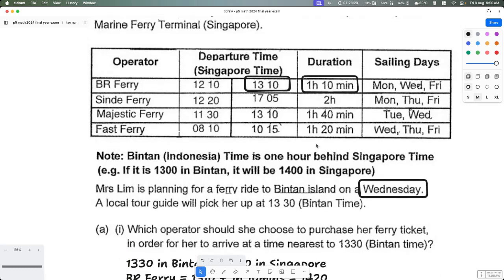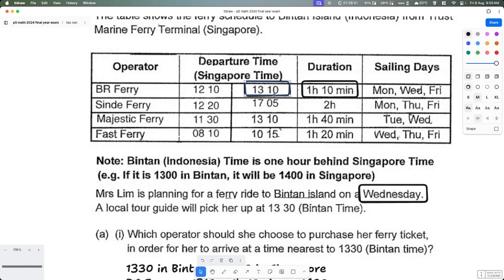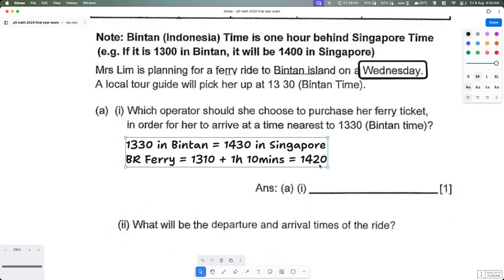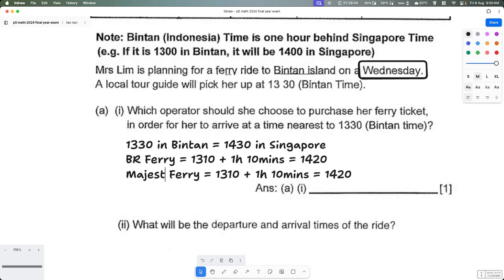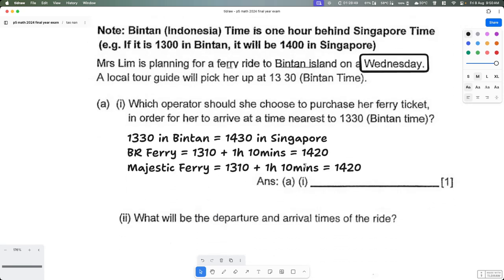Let's try another one, Majestic Ferry. Wednesday as well, 1310, same thing, but 1 hour 40 minutes. This will give us 1450, which is not what we want.